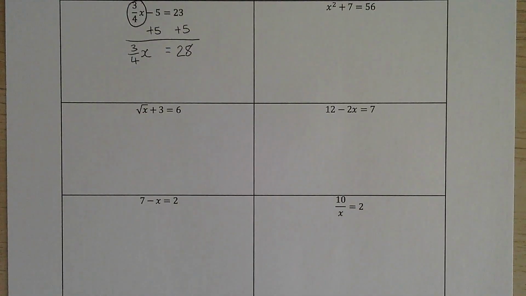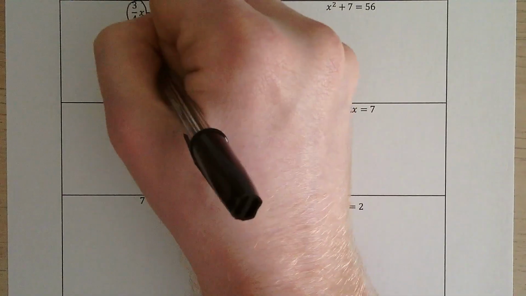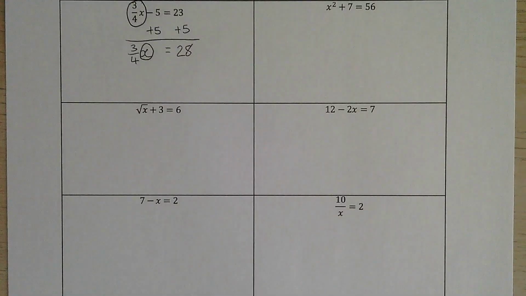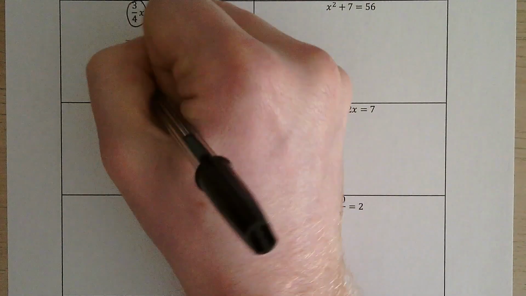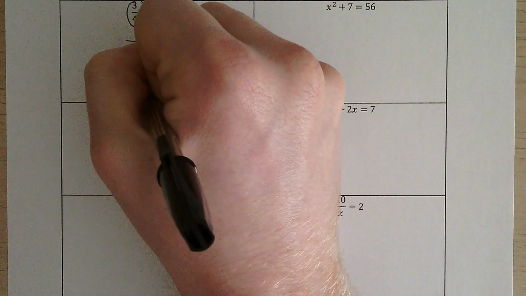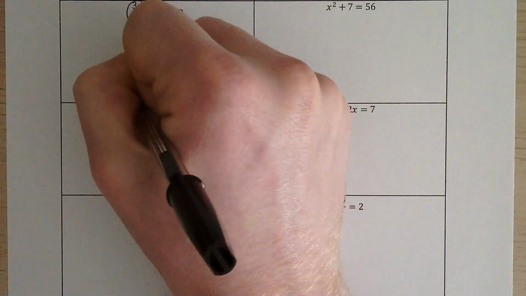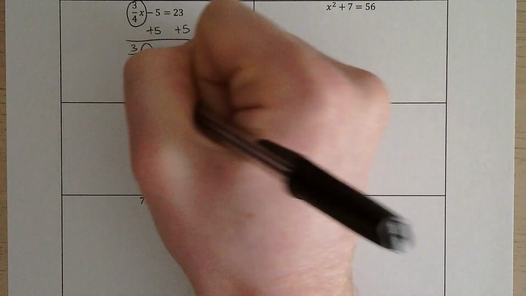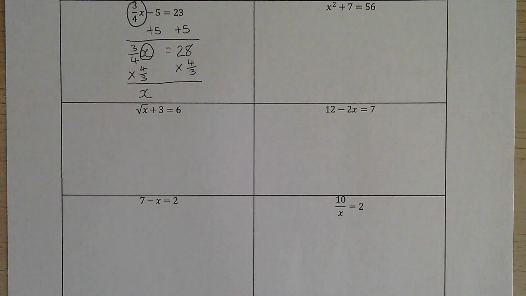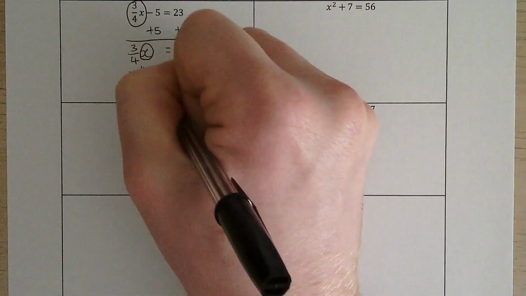I then need to isolate the variable, so I need to get rid of the fraction of 3 over 4. So to do that, we multiply by the reciprocal, and I need to do that to both sides. The fractions will cancel each other out, leaving us with x.